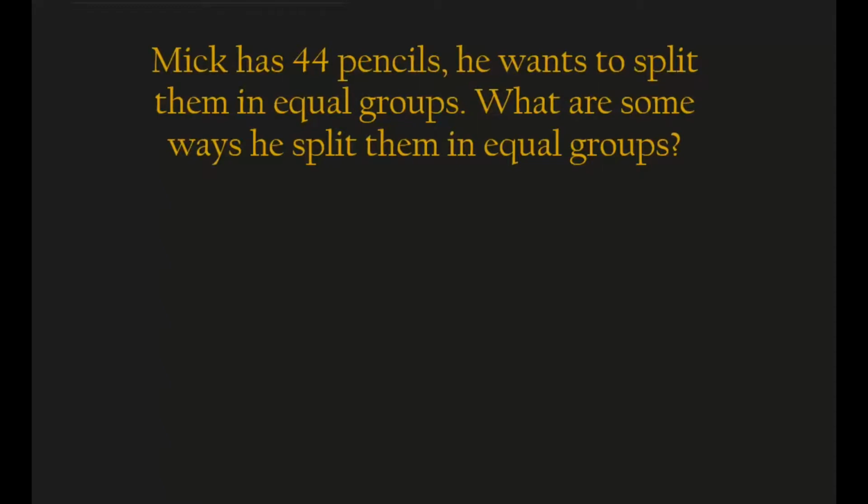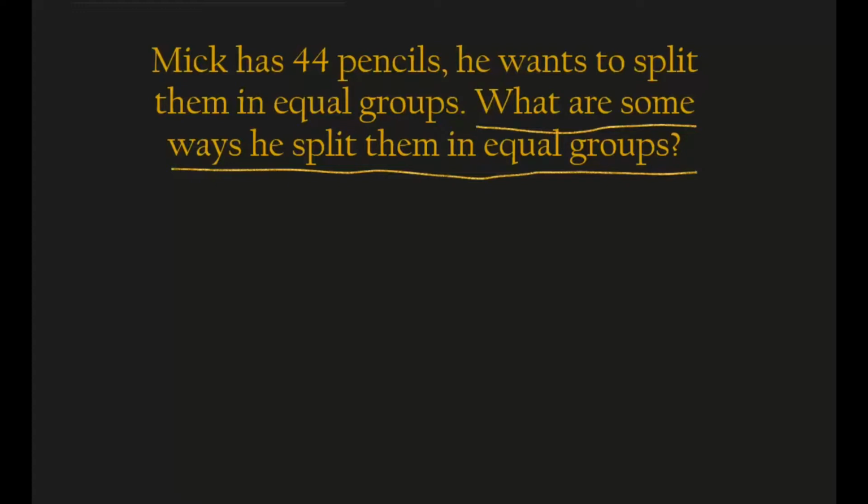So what we can do is underline our main question. What are some ways he can split them into equal groups? Okay, so let's come up with a few ways. So 1 equal group, that means we can have one group of 44 pencils.